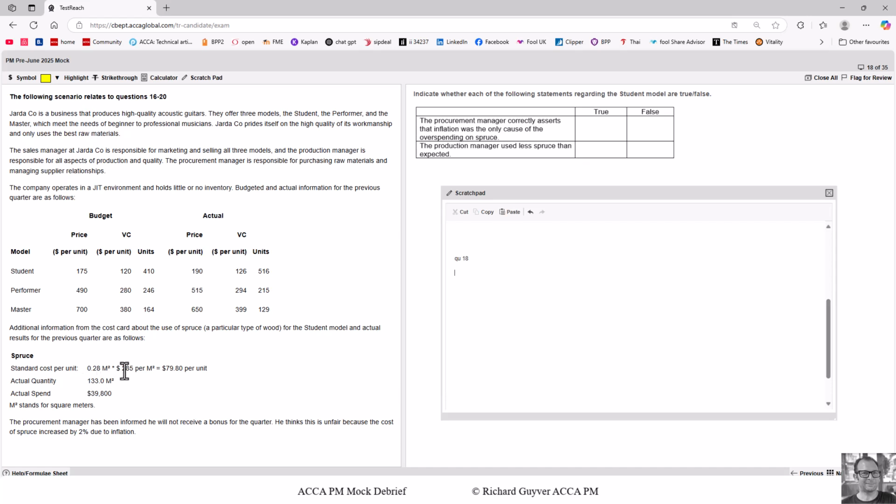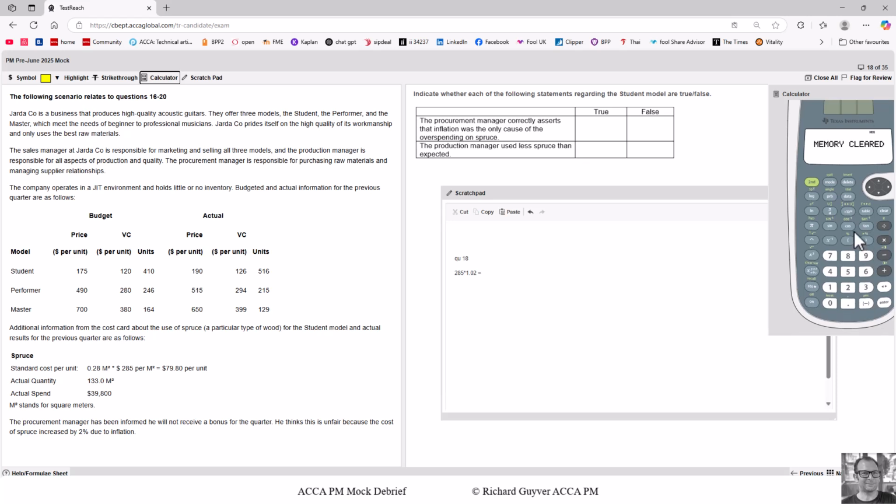Given our cost is 285 per metre squared, what we would do is adjust that for inflation compared to the actual spend and see if the claim is correct. The 285 we've increased by inflation is 290.70.